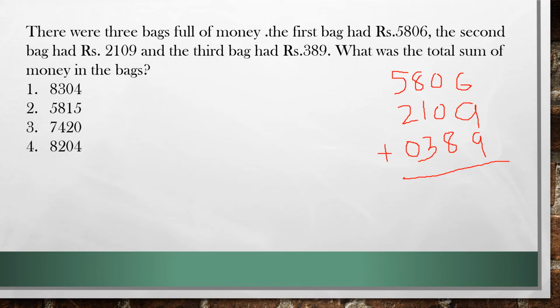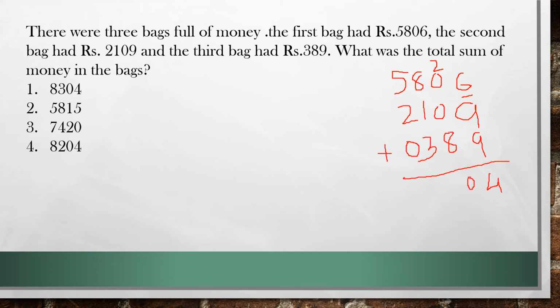Now 6 plus 9 is 15, right? 15 plus 9 is 24, right? So I'll carry this 2 here. Remember to carry the numbers properly. 2 plus 8 is 10, right?